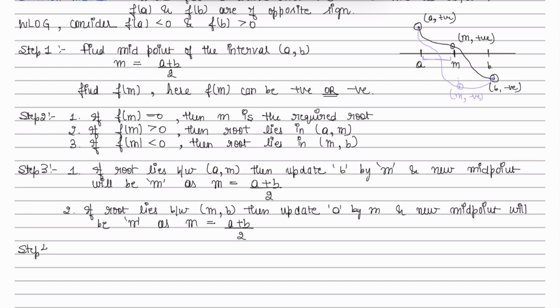In the next step, we will find the modulus of the distance, and check whether that distance is less than 10 to the power minus n, where n is the expected decimal digit accuracy.